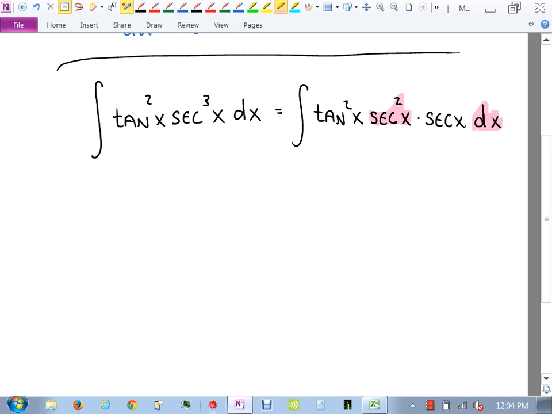Say again? One minus, if it was secant squared x, we could, but it's not secant squared, it's just secant. No, because it has the variable in it. If it was a constant, you could.